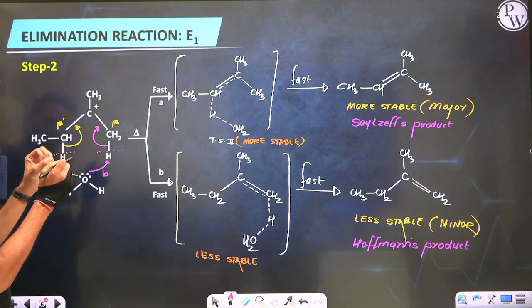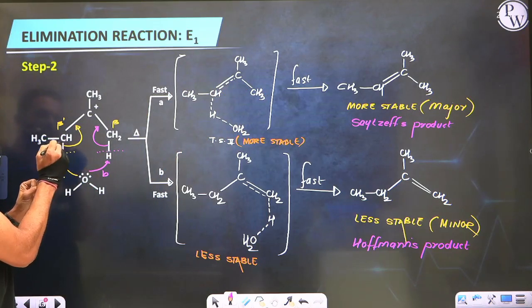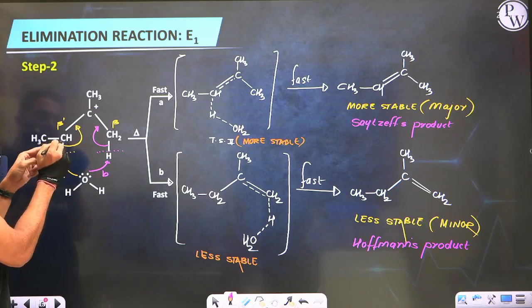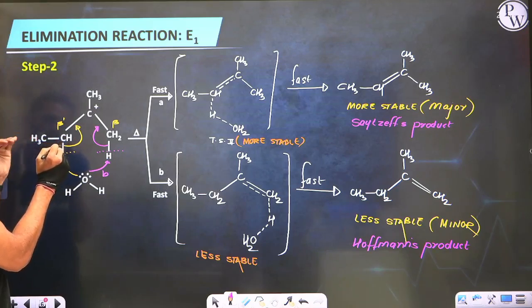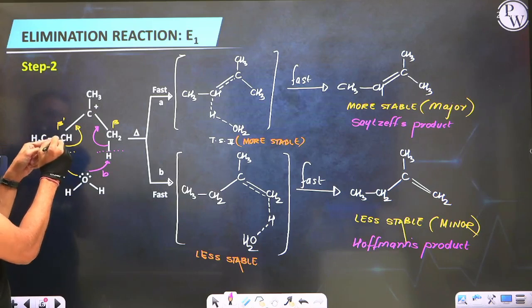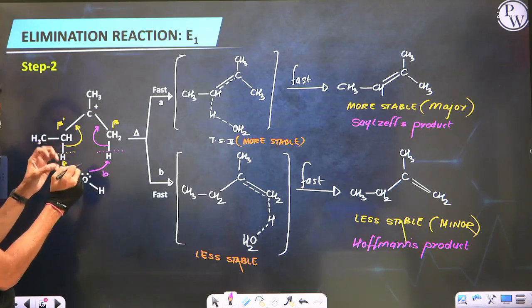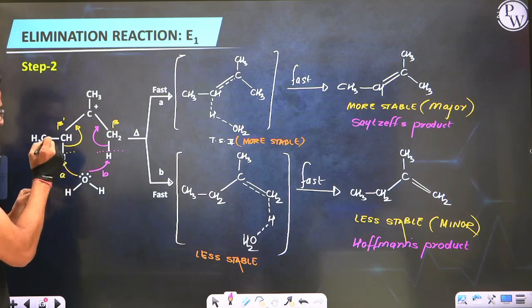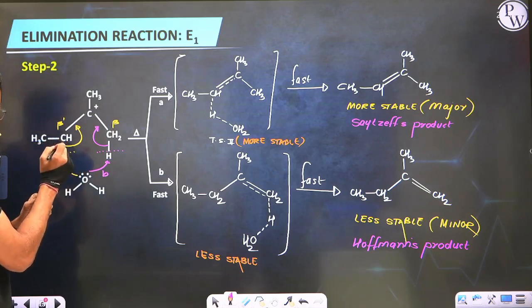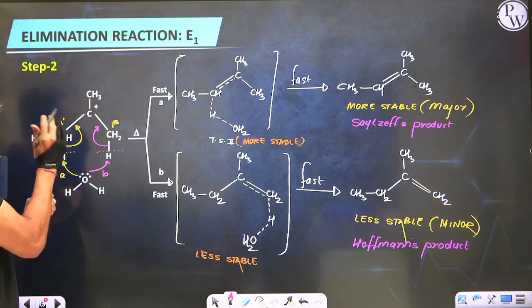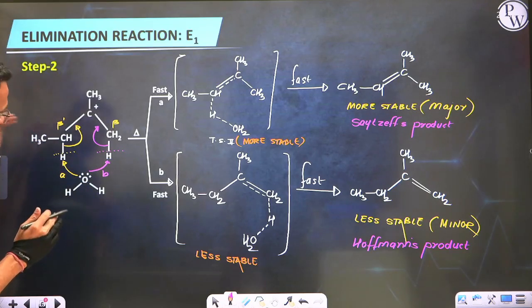So after loss of H plus, the carbanion character here is going to be less stable because it is more substituted. So +I will increase the electron density on this carbon if we consider carbanion formation after loss of H plus. So the less stable the conjugate base, the weakly acidic or lesser acidic the corresponding carbon is.